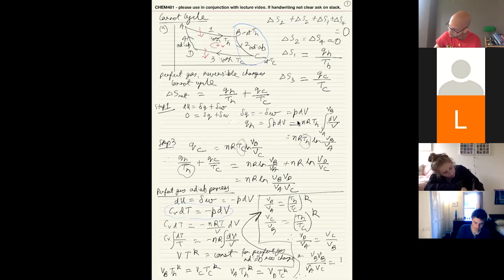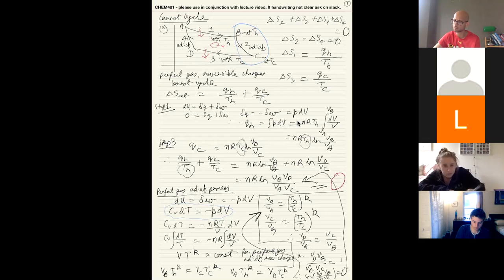Therefore, log of VB VD by VA VC is equal to 0, and that's what we had over here. This is the same log. So this thing is therefore equal to 0.